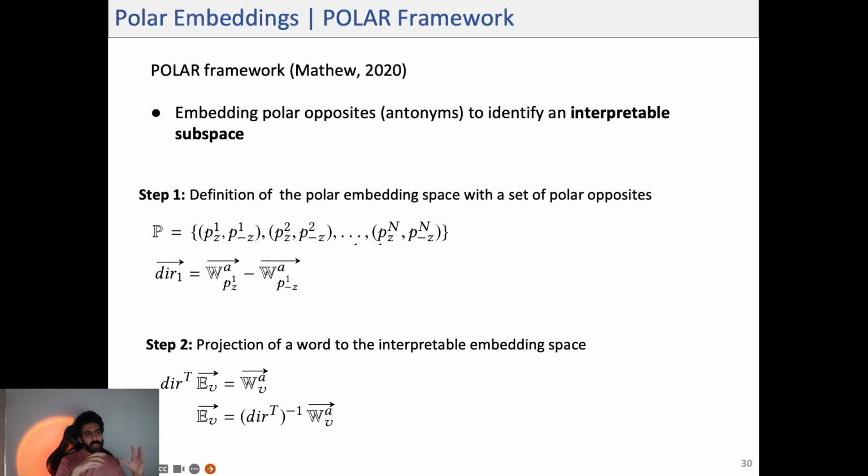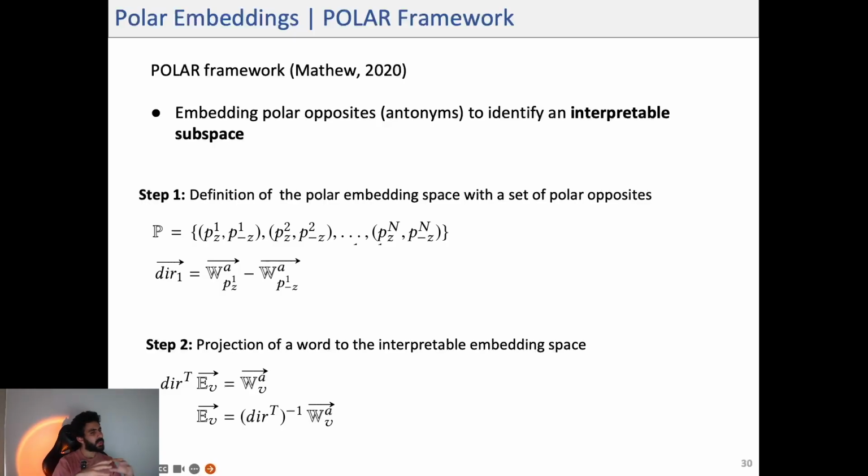Here, dirᵀ · WV = EV tells us that we are projecting the original word vector WV, which is in the full embedding space, onto the new interpretable axes defined by dirᵀ, the transpose of the matrix of the polar directions, which gives us EV, the word's position in the polar space. Essentially, how much leader aligns with each semantic axis.